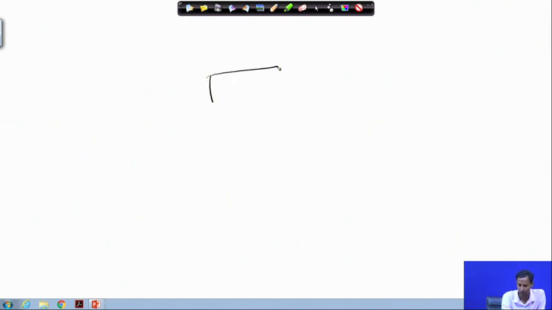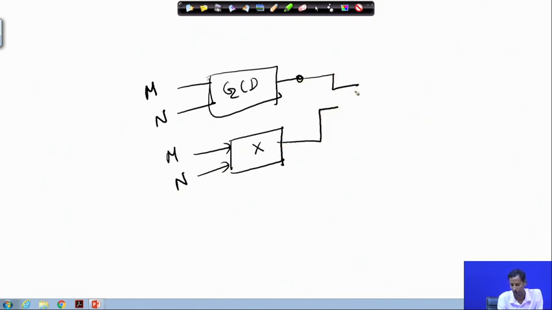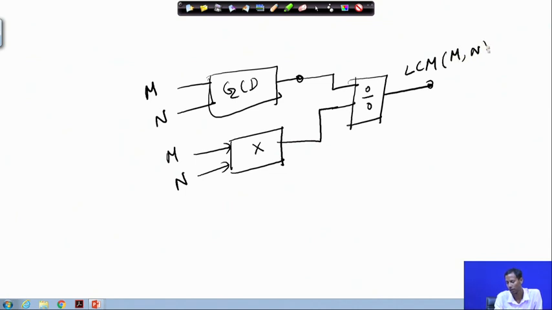I am having this GCD circuit, where I am putting this m and n. I need another multiplication operation, and if I produce one divider circuit over here, which gives me m and n divided by this GCD, at that time I can find the LCM of m and n.